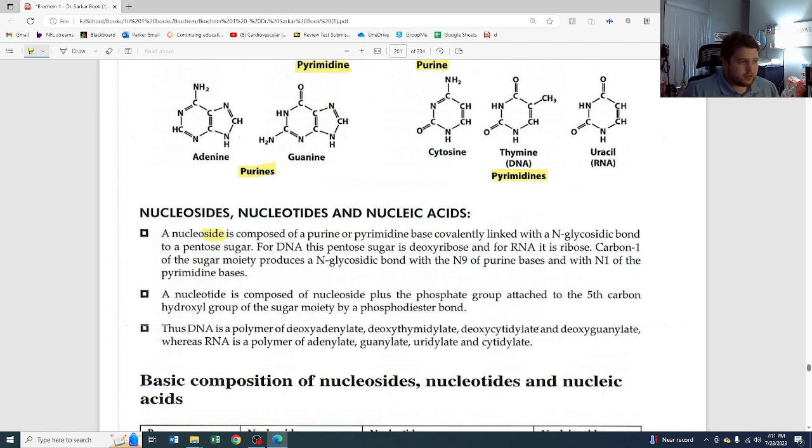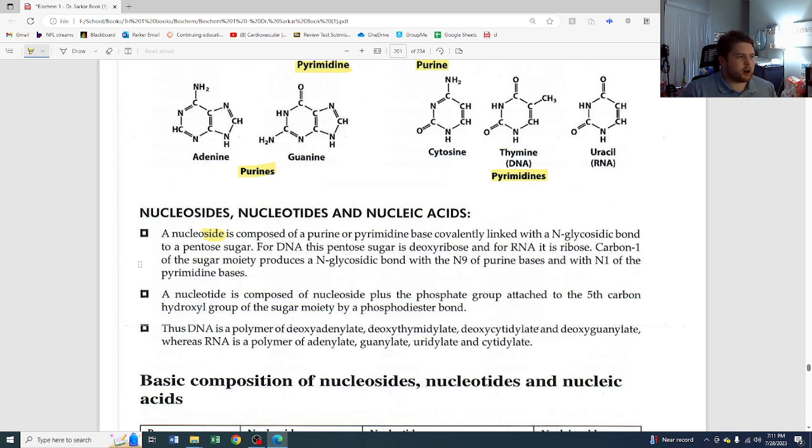For DNA, this pentose sugar is deoxyribose, and for RNA, it is ribose. Carbon 1 of the sugar moiety produces an N-glycosidic bond with the N9 of purine bases and with N1 of the pyrimidine bases. That's not super important. It's just telling you how it's joined.